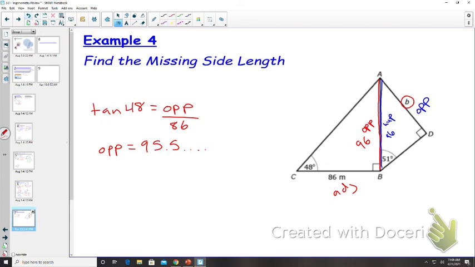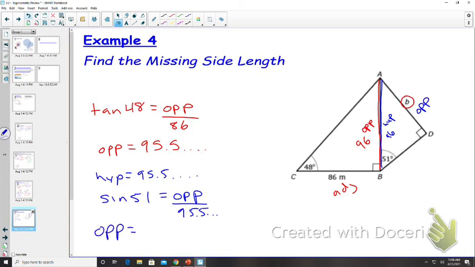And then for the second part, the blue part, we know our hypotenuse is 95.5. So sine of 51 is equal to opposite over 95.5, and then you get an opposite equal to 74.2.